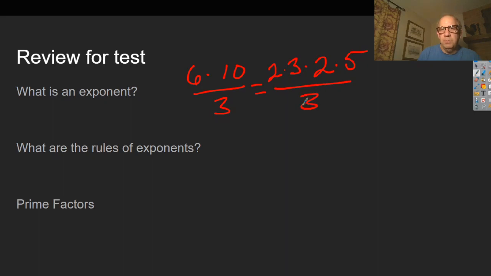And 3 is already prime. So now, if I want to reduce this, I can cancel these out, and 6 times 10 was 2 times 3 times 2 times 5, and then the 2 times 2 times 5 is 20. 2 times 2 is 4, 4 times 5 is 20. So if I was going to multiply this out and then divide by 3, I would still get 20. All right, so that's prime factorization.